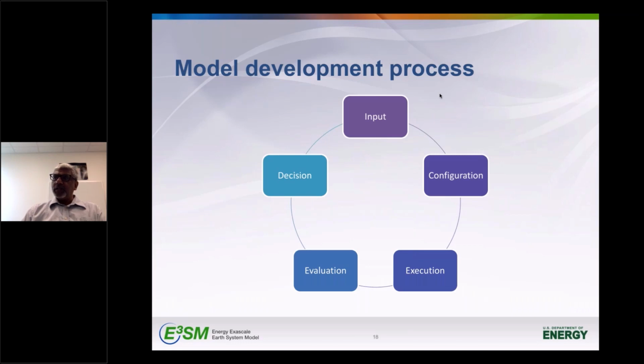After the execution, the results are evaluated, and then a decision is made. Based on that, we go around the circle and we have a new set of inputs. So it's a spiral-like activity, and essentially this is what I refer to as a process flow that we need to be able to support.